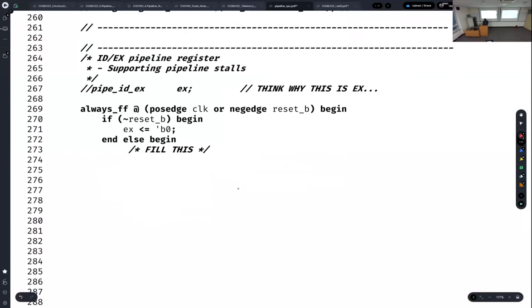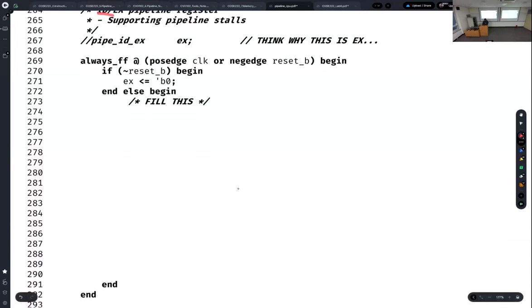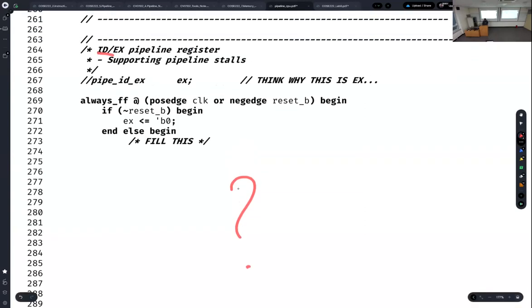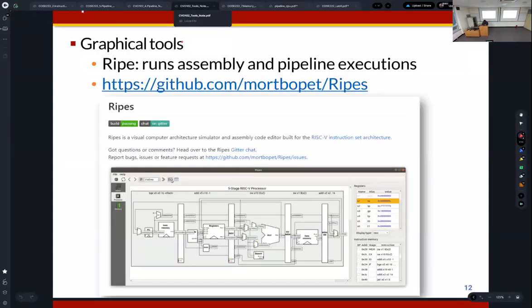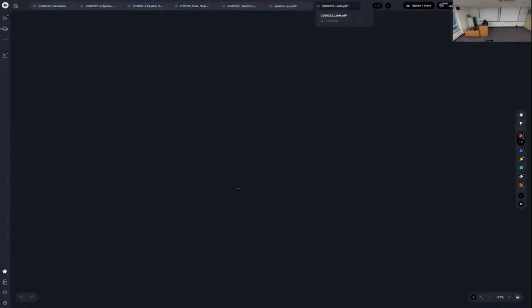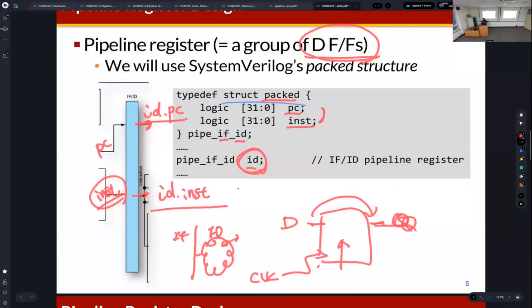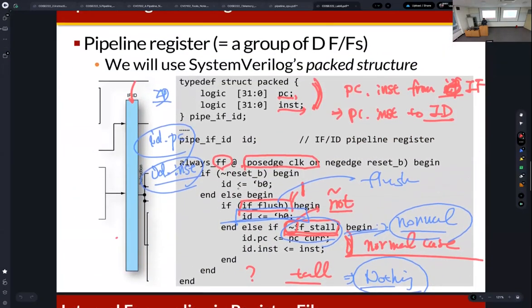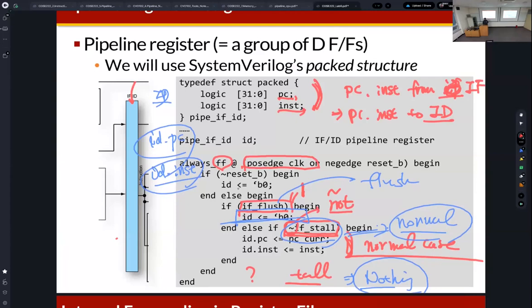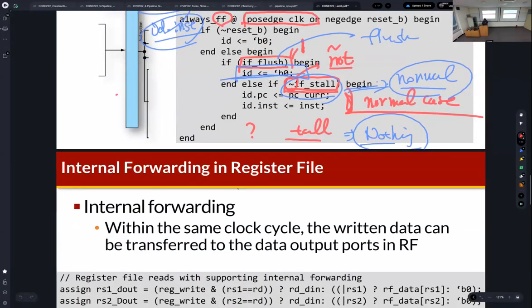And then after that, this is the ID/EX pipeline register, and then you need to complete the ID and EX pipeline registers. Okay. So I already explained the instruction fetch and ID pipeline register. Okay.